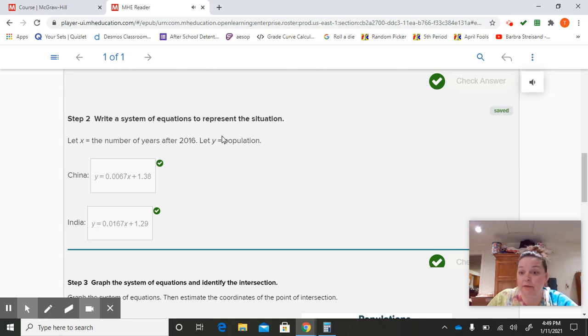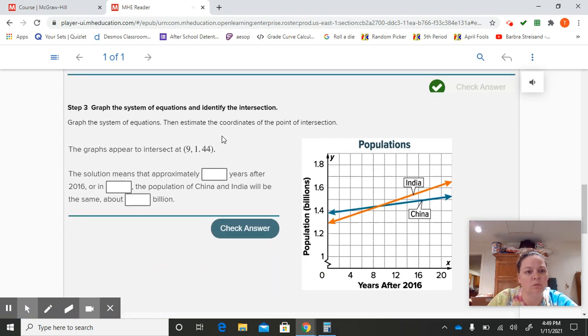Helps if you read the problem correctly. Even I do it wrong. Okay. Now we're going to graph them. Oh, look, they already graphed them for us. Thank you, computer.